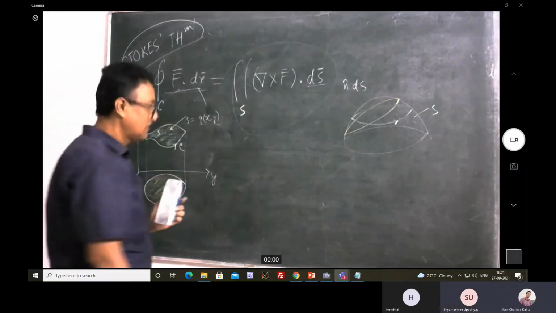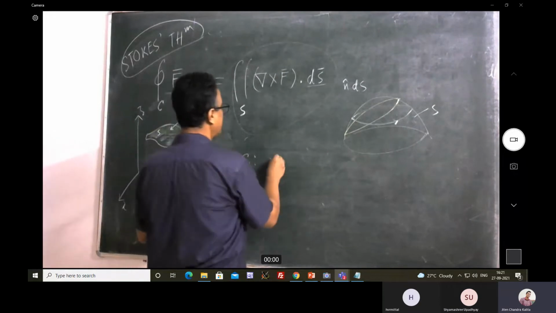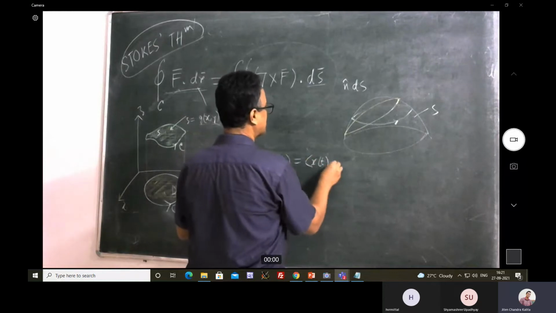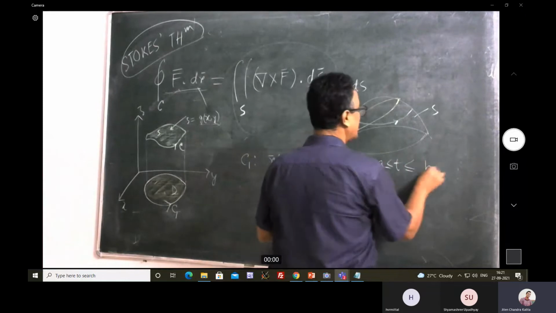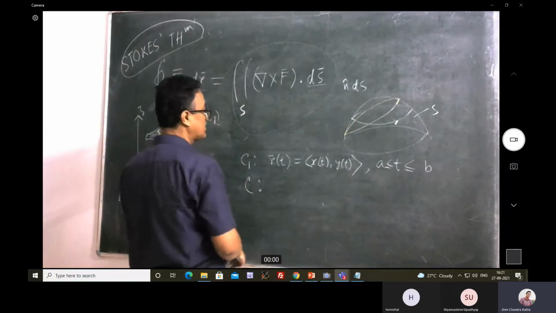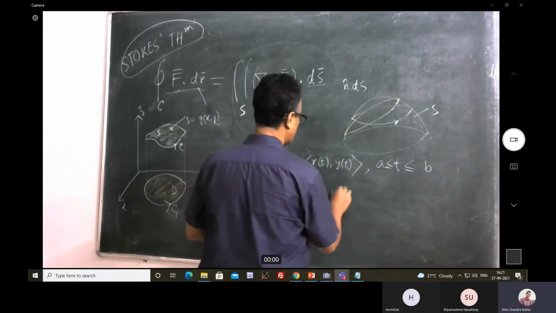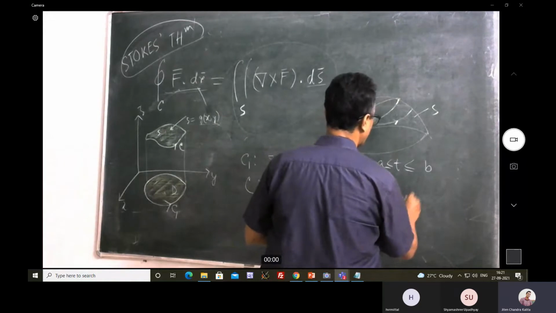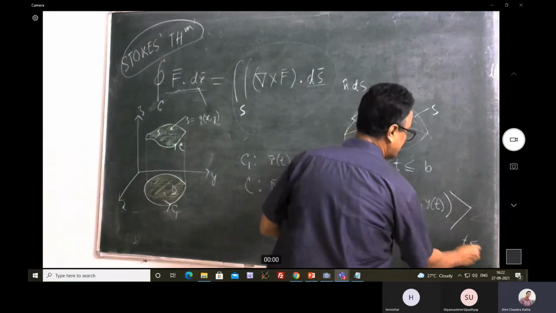That means if this curve C1 is parameterized by r(t) equal to x(t), y(t), where t lies between a and b, then your C in three-dimensional space is going to be parameterized by x(t), y(t), g of x(t), y(t), isn't it?